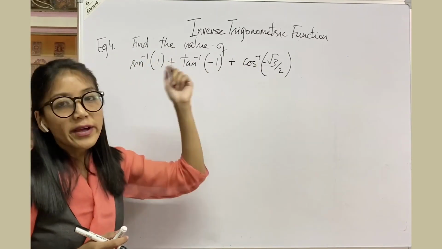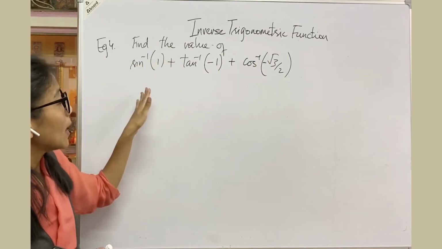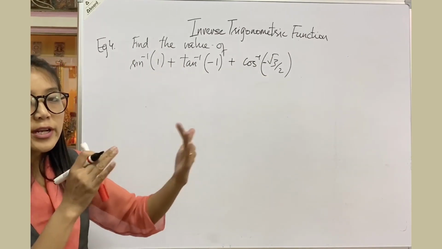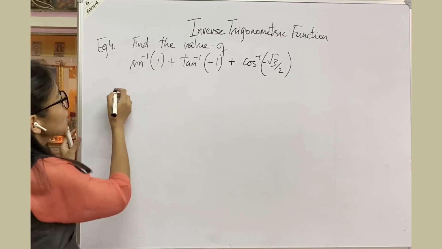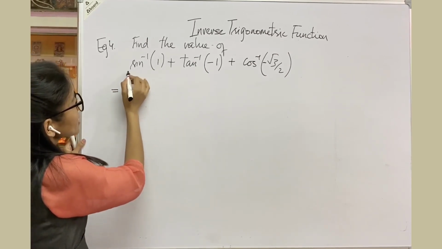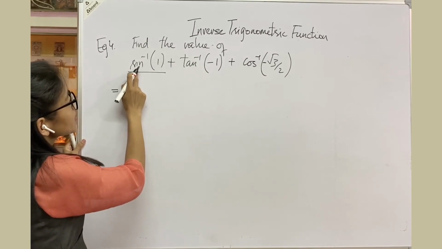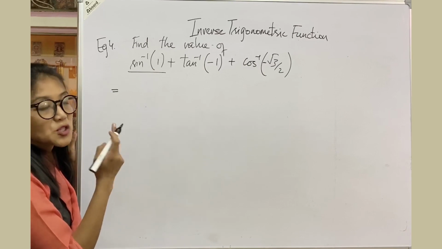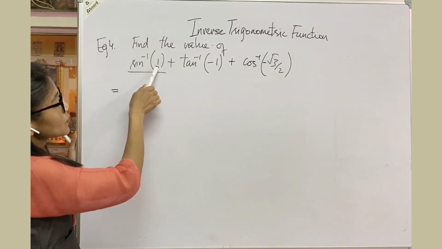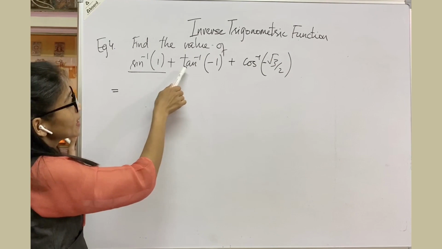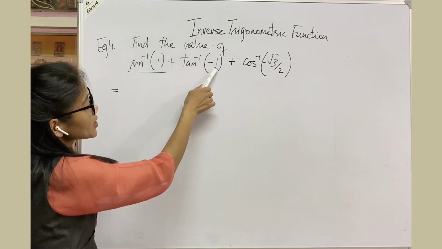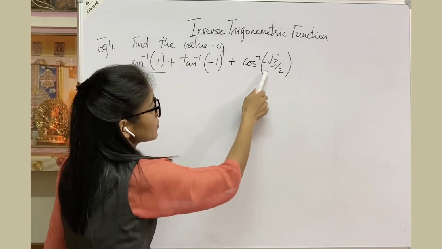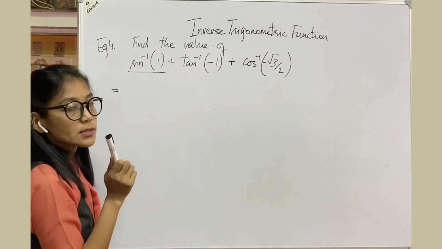In all of these you have to find the principal value, but here we are taking the sum of three inverse trigonometric functions, so you will not do them separately; together we will try to solve. In the first term, the outside function is sine inverse, so inside the bracket we will try to express it in terms of sine. Here we have tan inverse, so we will express this in terms of tan. Here we have cos inverse, so we will express this in terms of cos.